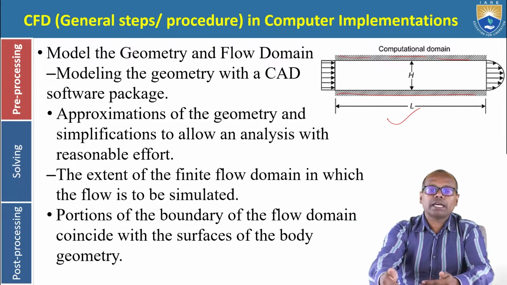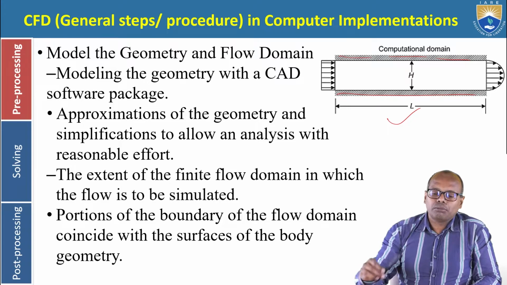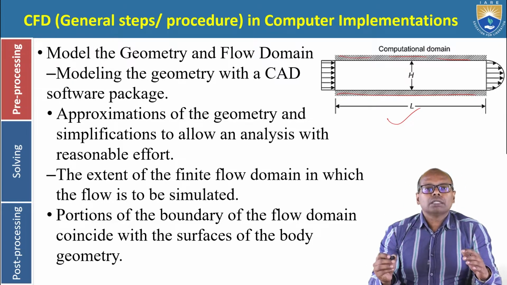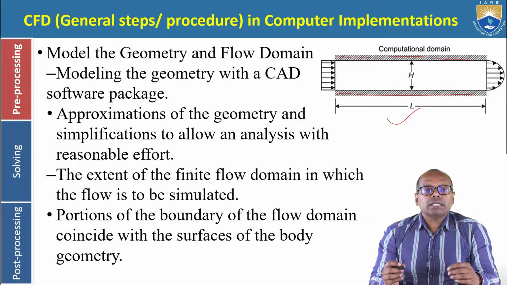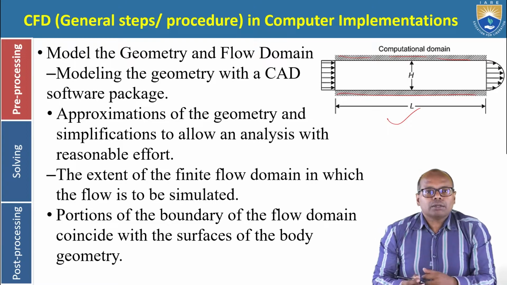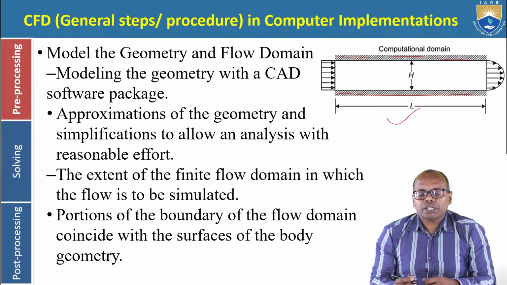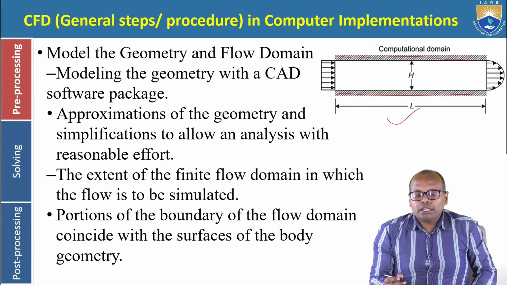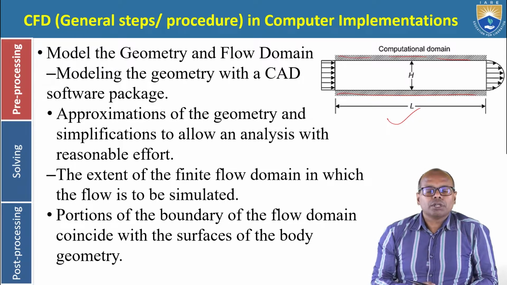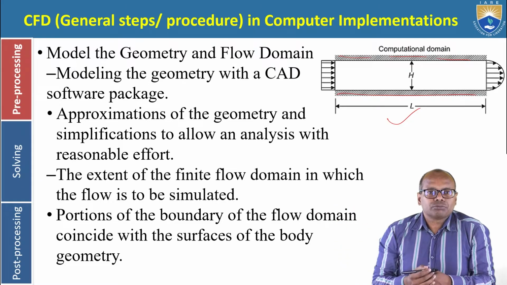Say suppose in the direction normal to this board, okay? If the length of these plates normal to the board is too large, then we are not interested in the ends, we are interested only in the center portion. So in such cases we can minimize the problem and we can take it as a two-dimensional problem, because we are not interested in the ends, okay?